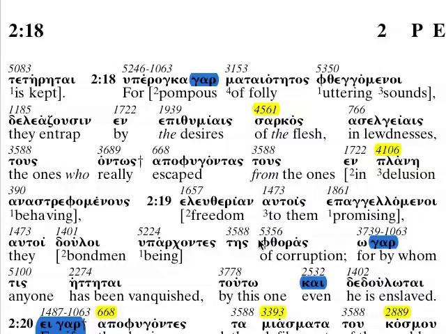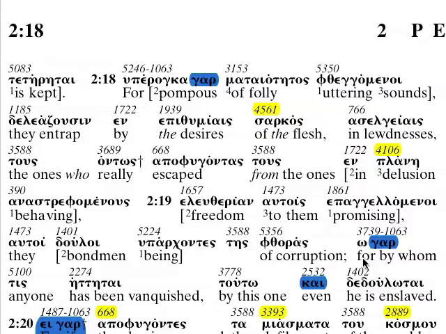And then in verse 19 it continues, Eleutherian autois epangellomenoi, autoi douloi huparchontes tes phthoras, hoi gar tis hetttetai, toutoi dedoulotai. Promising freedom to them, they being bondmen of corruption.